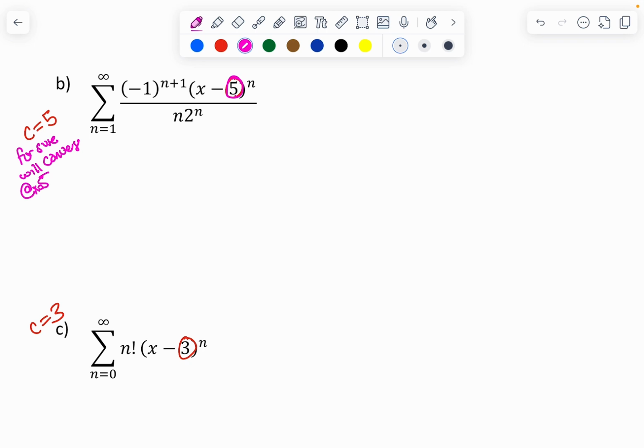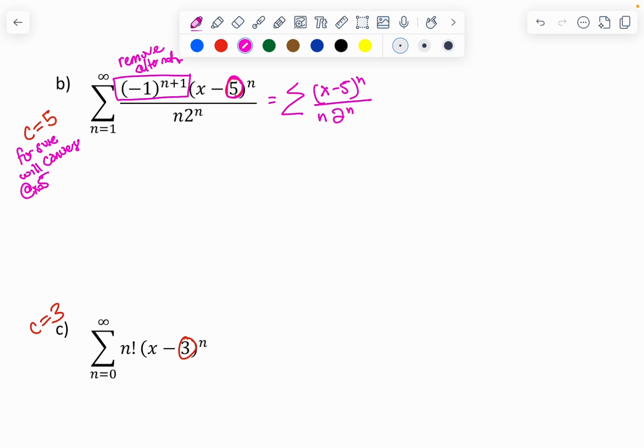I know this thing will converge at 5. So remember, with any alternator and the ratio test, we're going to remove the alternator. And then we're going to rewrite this: x minus 5 to the n over n to the 2n.